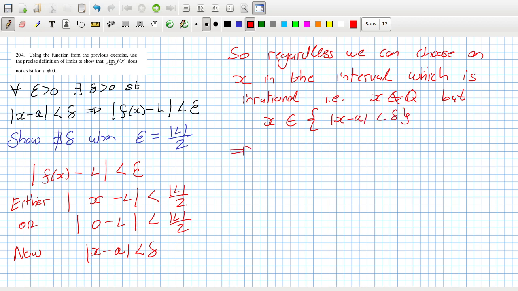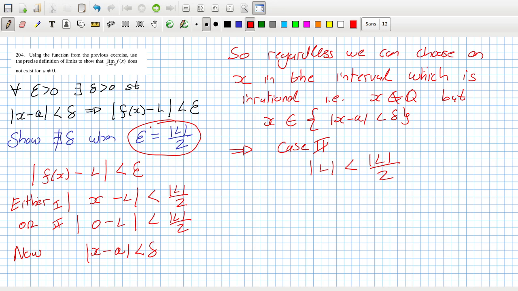So then that means we have case 2, if we want to call this 1 or 2. So that's L less than L over 2. So yeah, if you choose this as epsilon, then we can show that we can't get arbitrarily close to the limit.